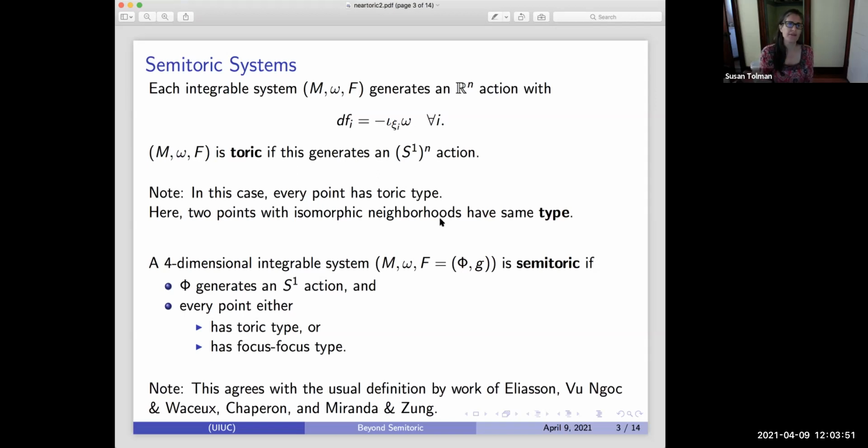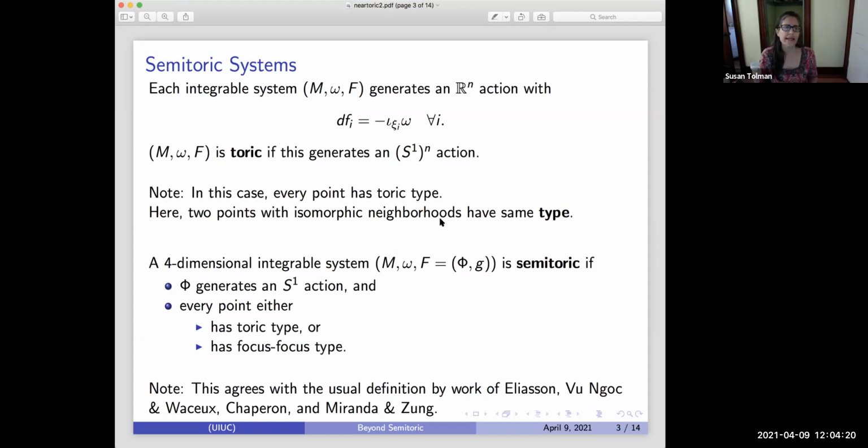So you'll have n commuting vector fields Ci, and dFi is minus ω fed the vector field Ci. This defines the Ci uniquely, and the fact that the Fi Poisson commute tells you that this gives you an R^n action. We say that it is toric if this generates an (S^1)^n action.